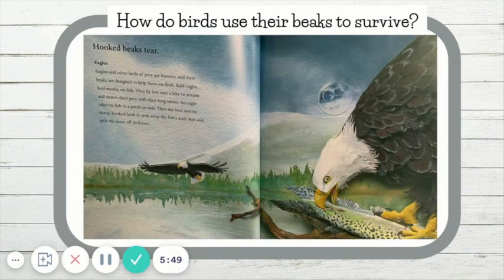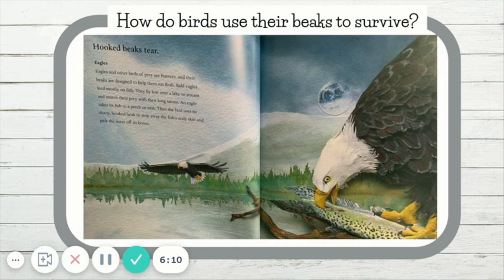Wow. Try to read along with me. Hooked beaks tear. Eagles. Eagles and other birds of prey are hunters, and their beaks are designed to help them eat flesh. Bald eagles feed mostly on fish.